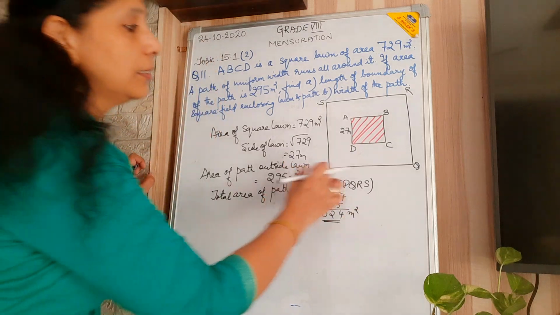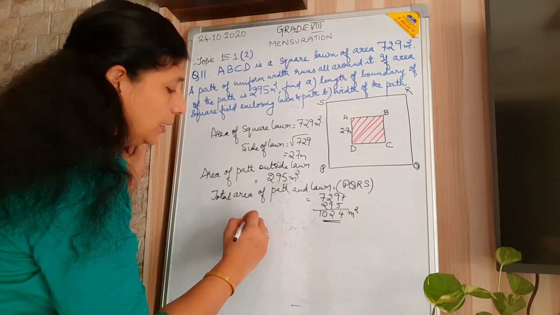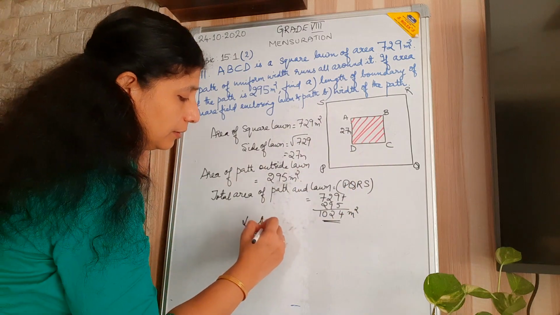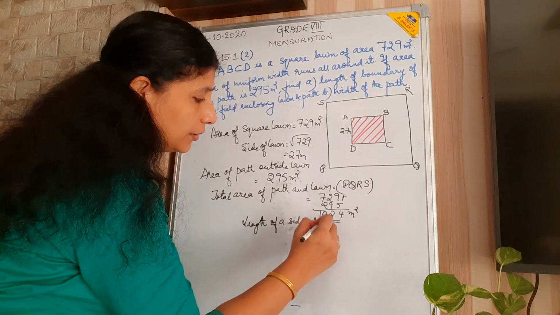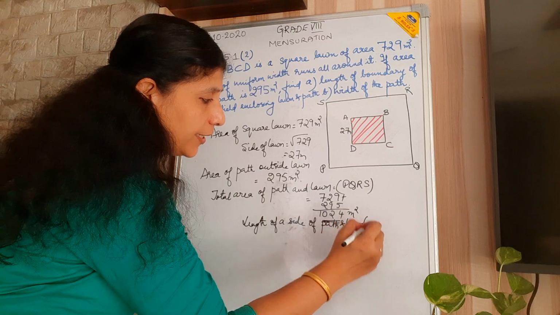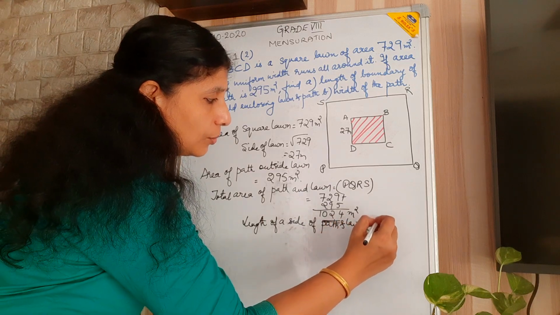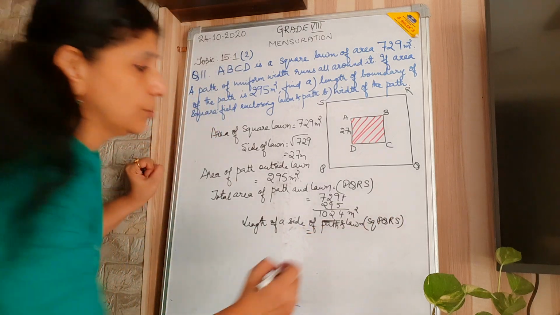So what is the length of one side, because the whole area is 1024? The length of a side of the square PQRS, enclosing path and lawn, is equal to the square root of 1024.